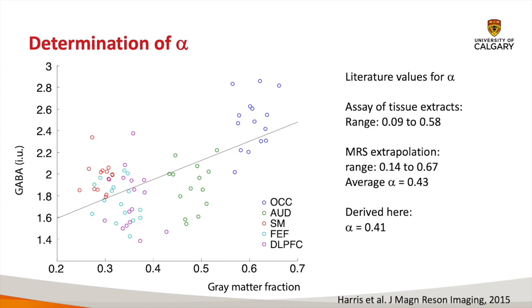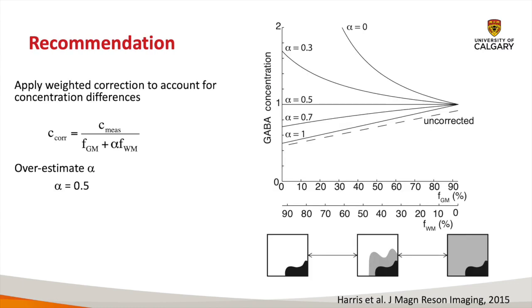We derived alpha to be 0.41. While this approach to determine alpha is widely published and used, it does have its limitation in that it assumes that the main source of variability in GABA measurements is the fraction of gray matter, and that there is no regional variability in GABA. This is probably an oversimplification, because these different voxels cluster the way they do, but it gives us some direction as to what alpha value we should be using.